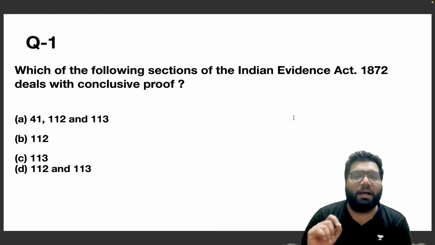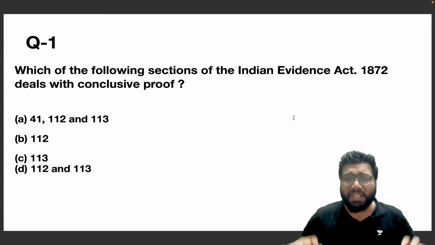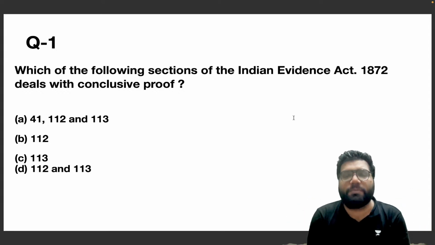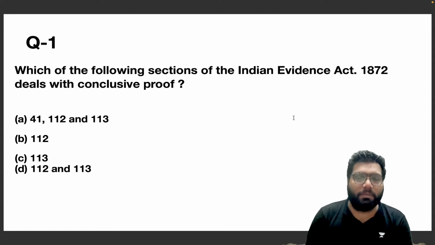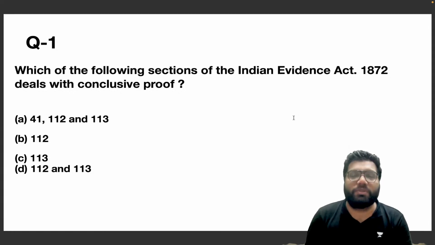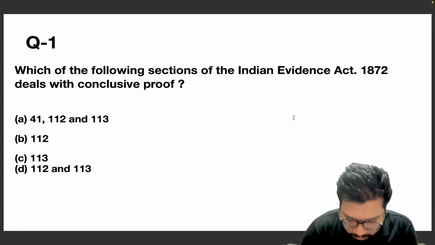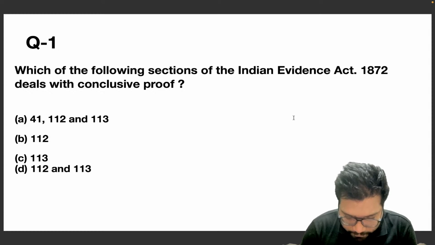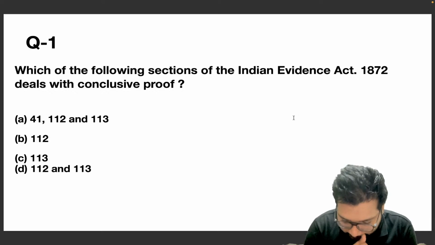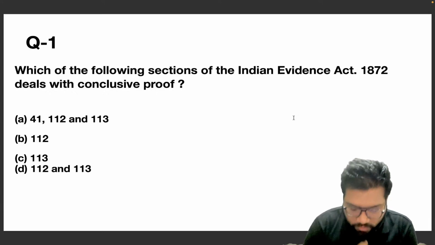Just an important key term is missing in your answer, and that is when it comes to conclusive proof, that is irrebuttable presumption. But when it comes to shall presume or may presume, that has rebuttable presumptions. Okay. Correct answer, Amit. Okay, perfect.